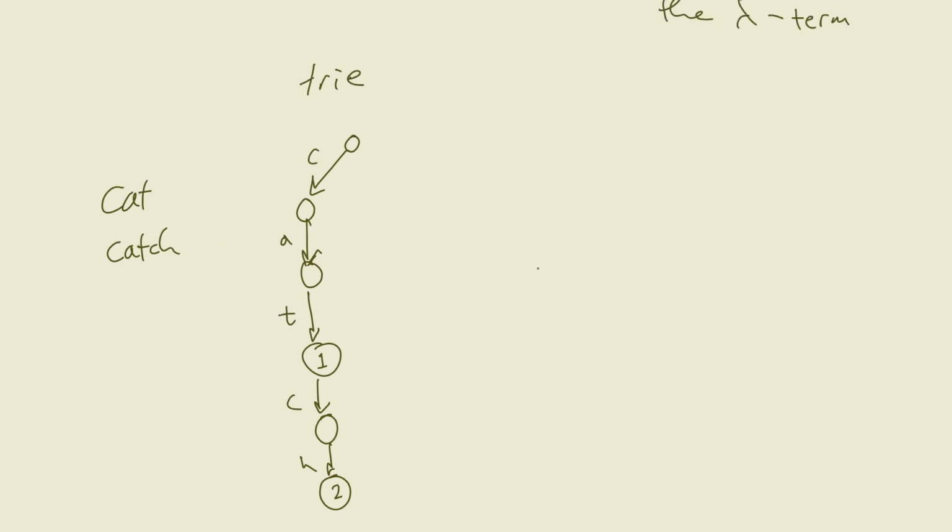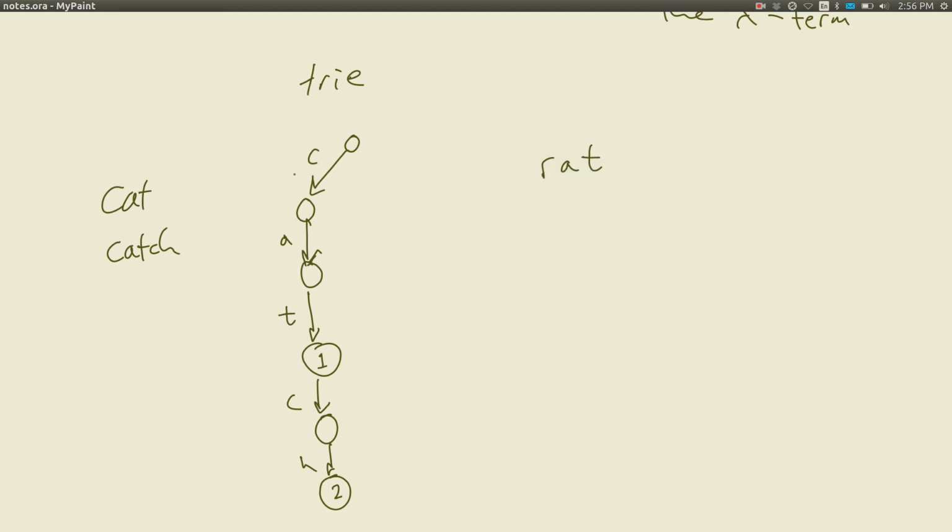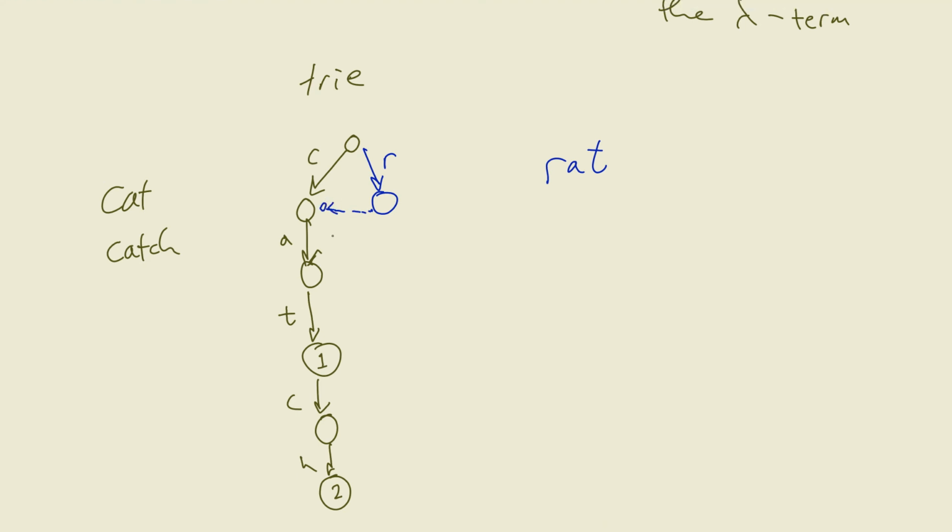I didn't bother to try to think it through, but let's say you want to add rat to this. Well, normally you just make another branch off of there. But imagine you could say, okay, I've got an R, and then coming over here on port circle, I've got A, T, or let's say I have rats.